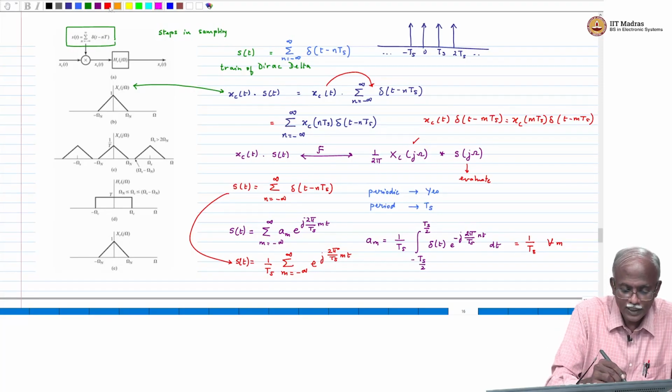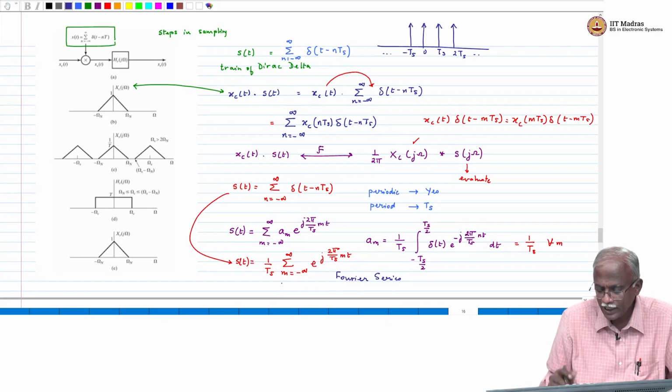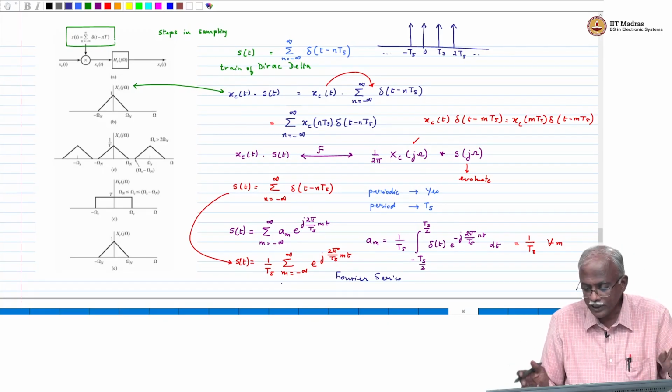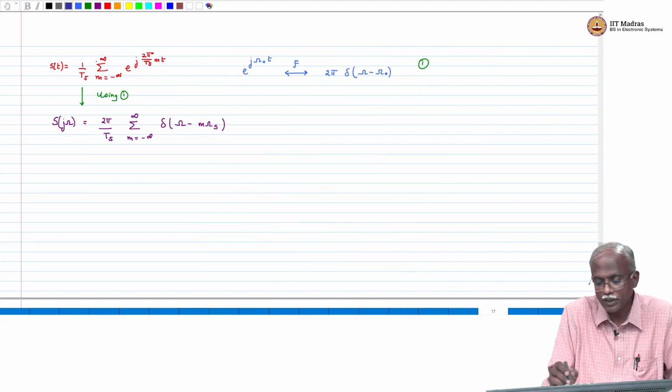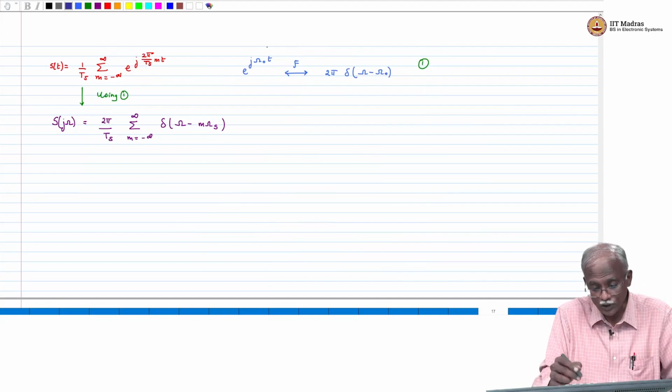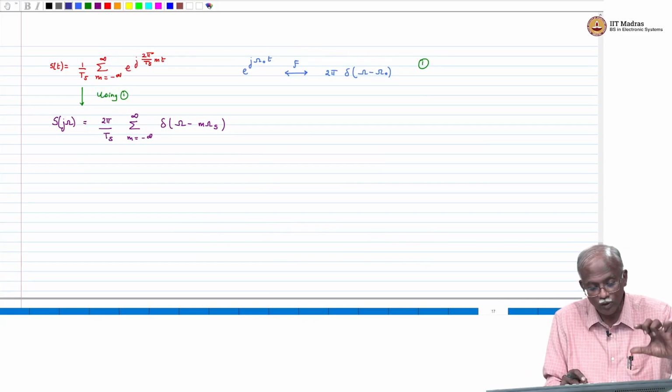So, what we have written down here is the Fourier series representation of the periodic signal. Now, the advantage of this is that we have a representation in terms of the Fourier transform of these complex exponentials. So, that enabled us to get a Fourier transform of the Dirac delta functions, Dirac train.